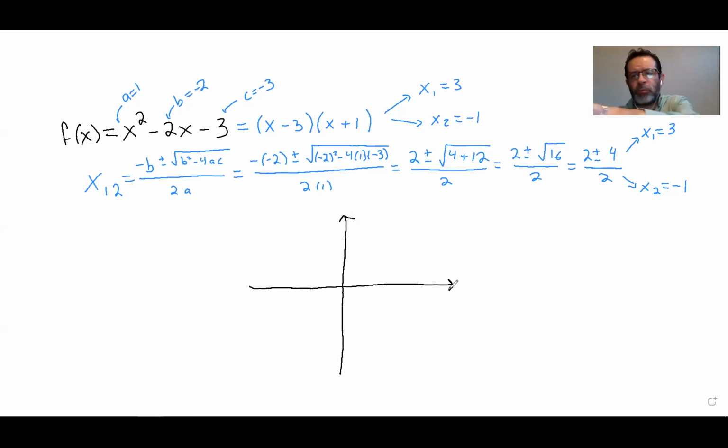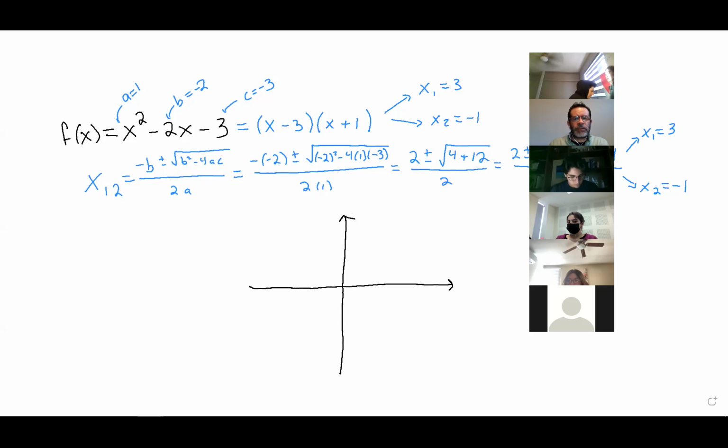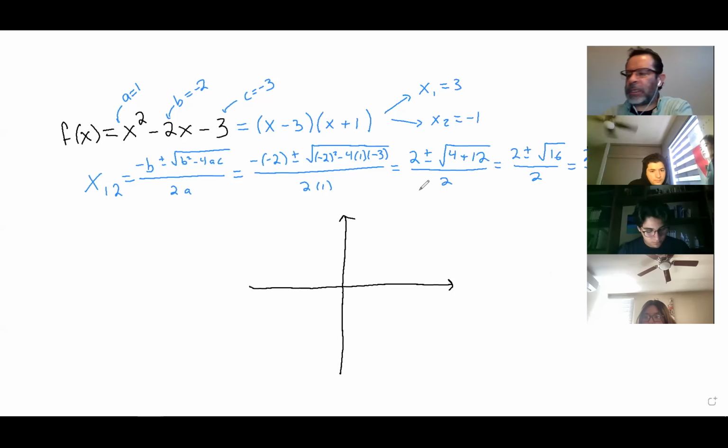Okay, that's correct. So first off, is this parabola facing upwards or downwards, and why? Downwards, no? Well, let me just do this because I don't want to confuse. Upwards is like this. Downwards is like this.